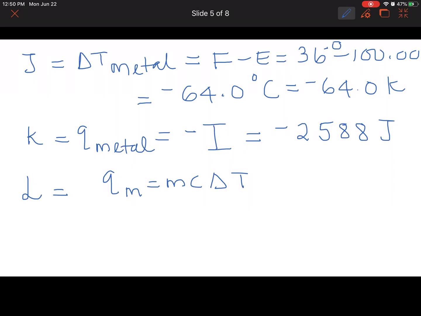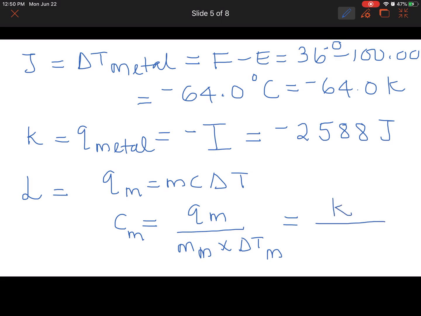Okay, now C is going to be specific heat. How do you find the specific heat of the metal? Specific heat of the metal would be Q metal, heat lost by the metal, divided by mass of the metal times the delta T for the metal. So if you look at your letters in your data sheet, where do we find the Q metal? That's going to be your K. You take what you have written in your K and you divide it by the mass of the metal.